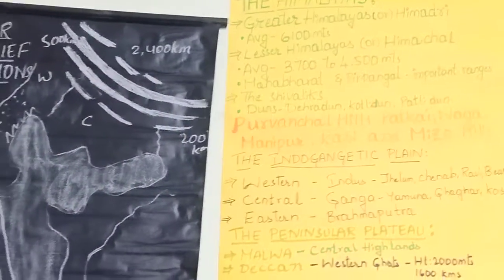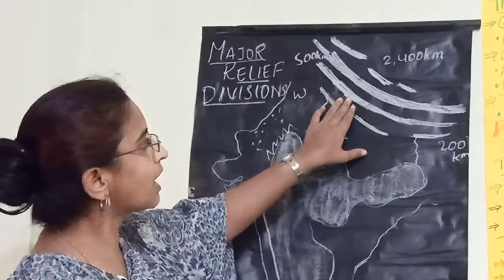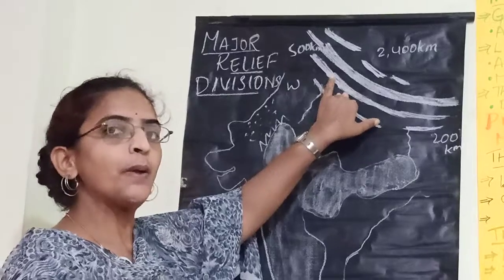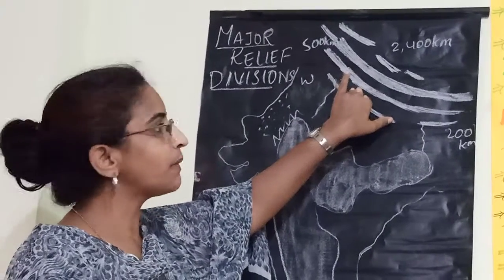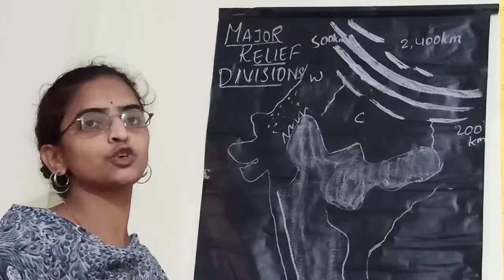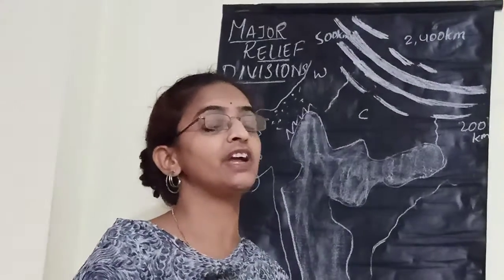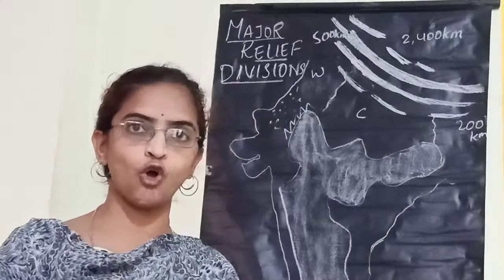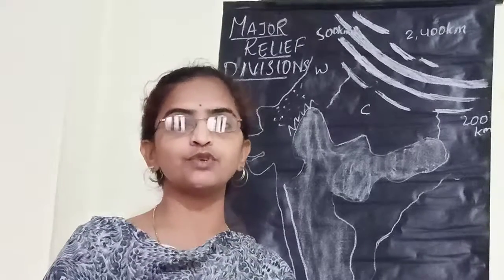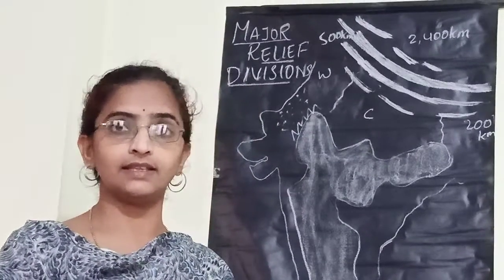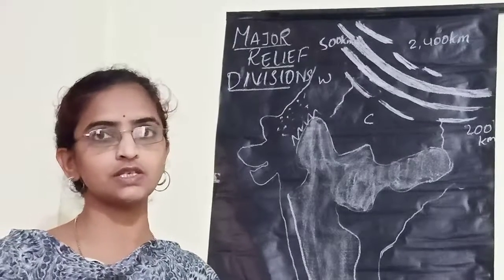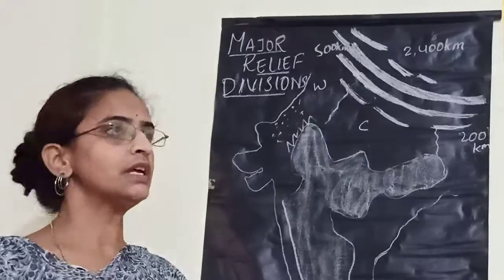The important ranges of Himachal are Pir Panjal ranges and Mahabharat ranges. An important feature of Himachal ranges is that they are very famous for a variety of hill stations. Kulu, Nainital and Shimla are part of Himachal ranges, and they are very famous for their hill stations.